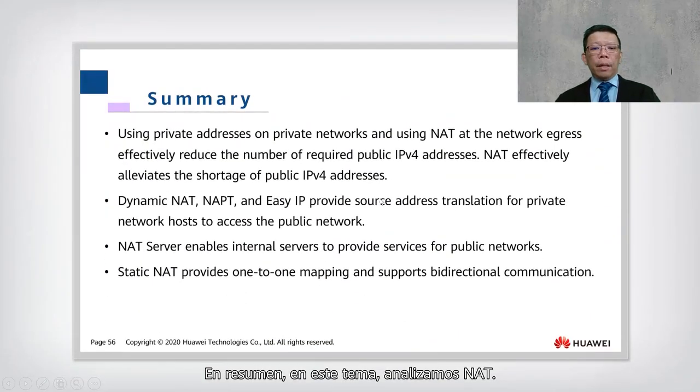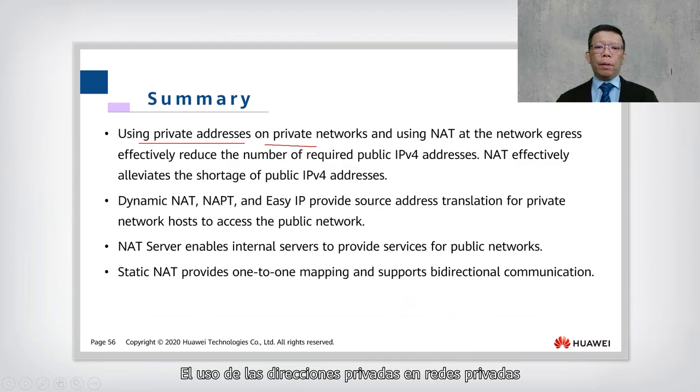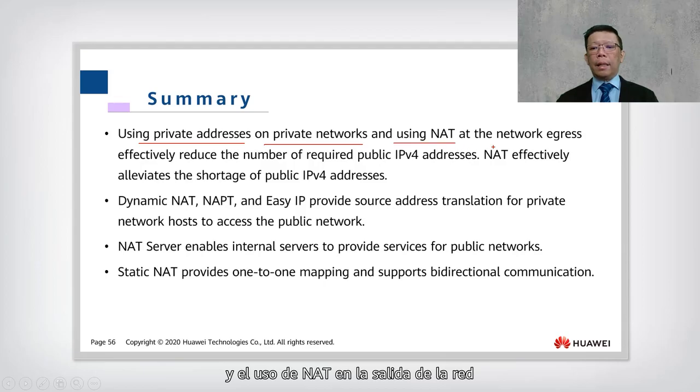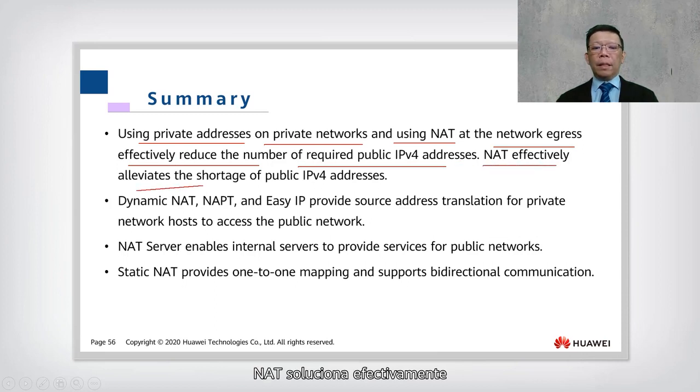As a summary, in this topic we looked into NAT. Using private addresses on private networks and using NAT at the egress effectively reduces the number of required public IPv4 addresses. NAT effectively alleviated the shortage of public IPv4 addresses.